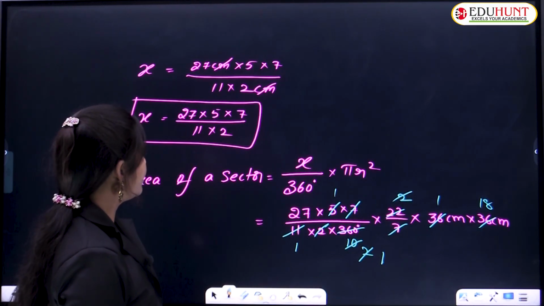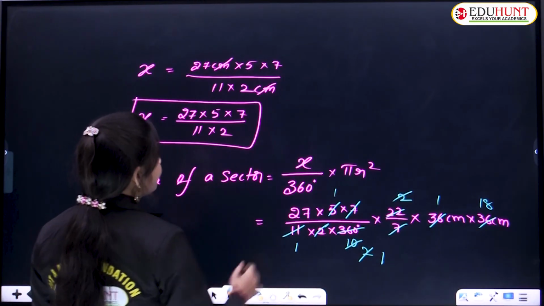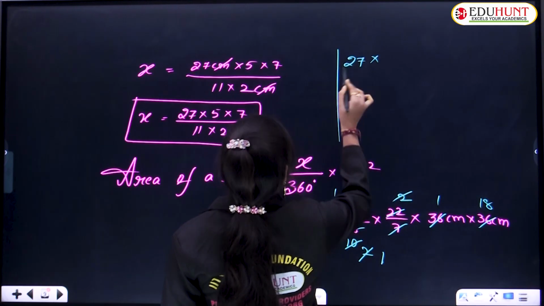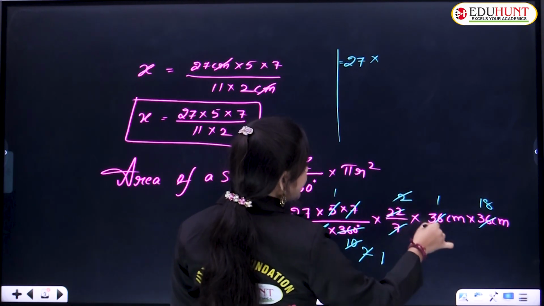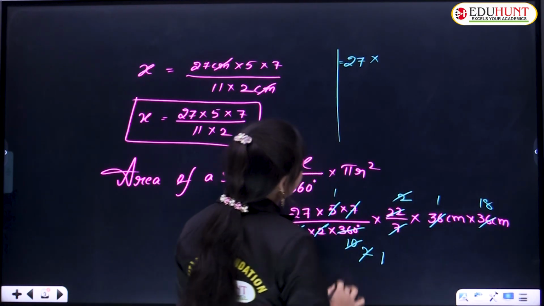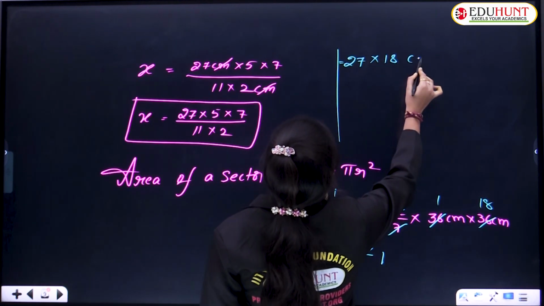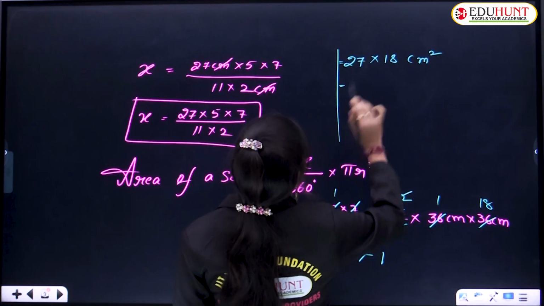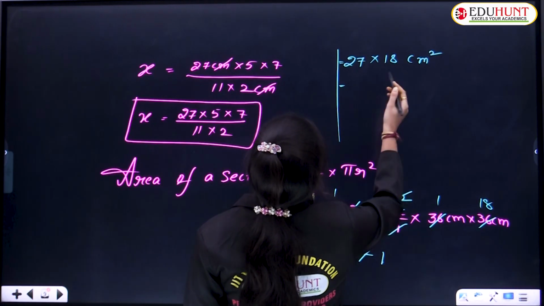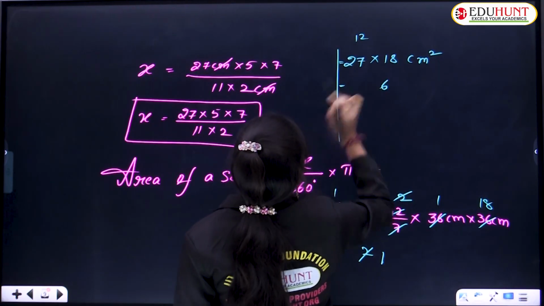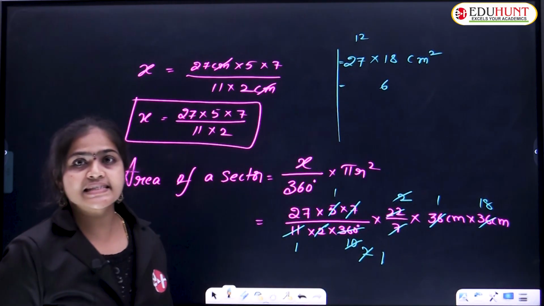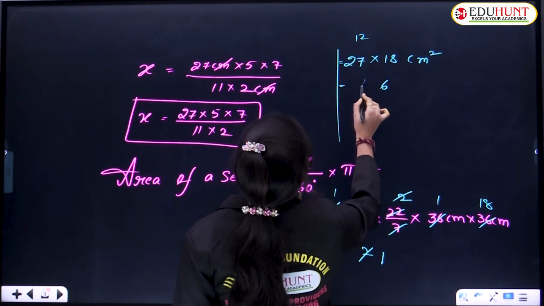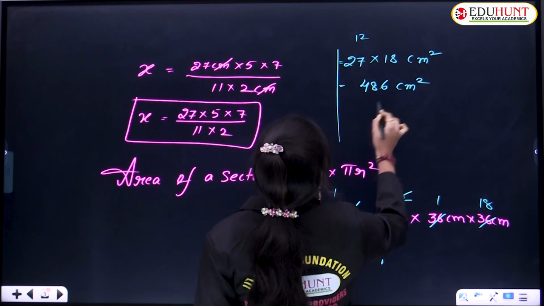All the values are completed. Now finally we are having 27 into 18 centimeter square. 27 into 18, 18 sevens, 126. 18 twos, 36, 36 plus 12 is equal to 486 centimeter square.